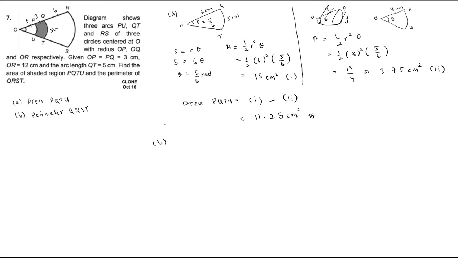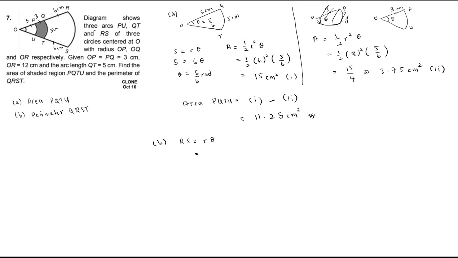Okay, let's solve question B. Perimeter of QRST. QR is 6 cm. So TS is also 6 cm. We know QR, we know TS. We know QT 5 cm. So the only length that we need to find is the arc length of RS. The arc length of RS equal to r theta.